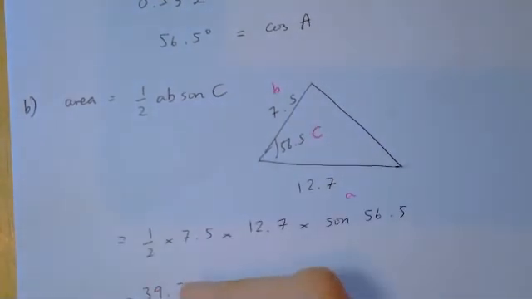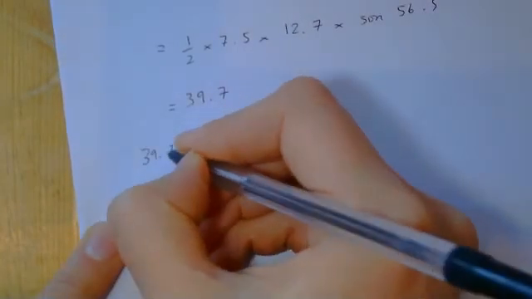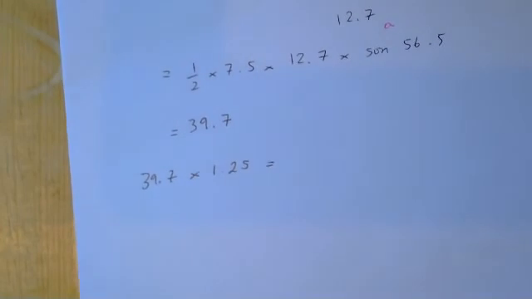So it looks like that. Okay? And that gives me 39.7, which is the area of the lawn, and it's £1.25 per square metre. So I need to do 39.7 times £1.25, and again I'm using the answer function.